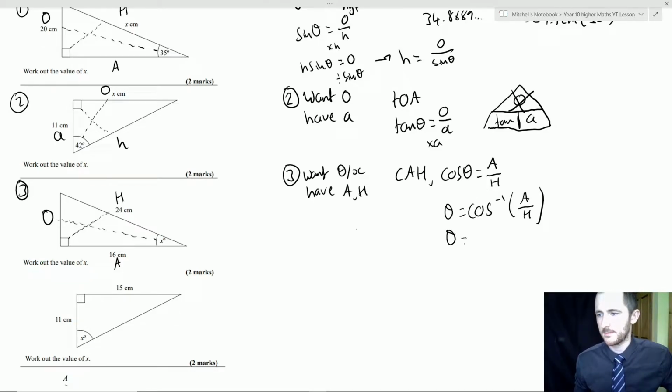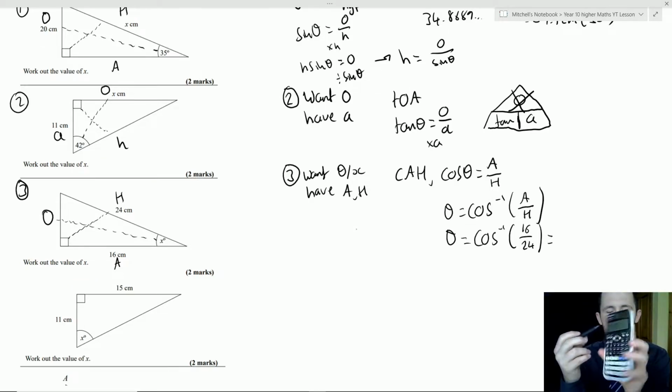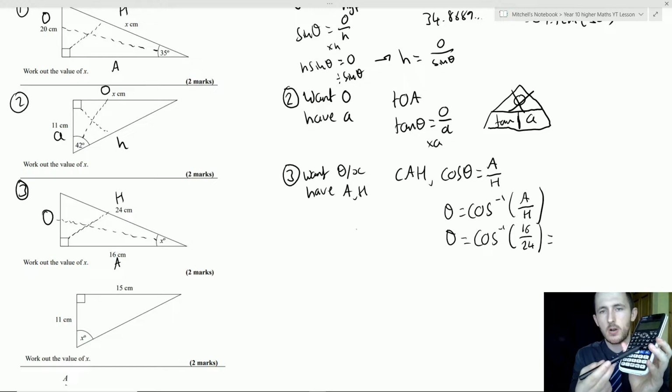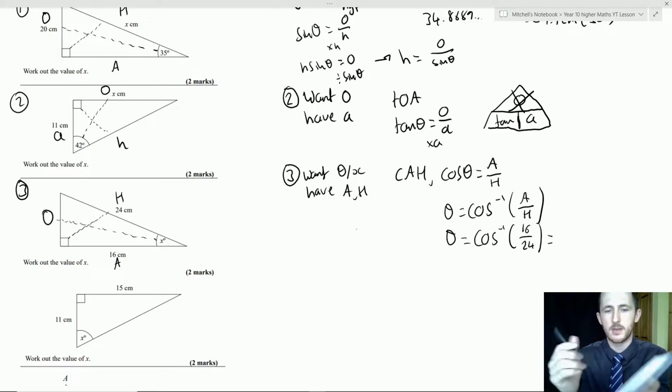So theta. Adjacent was 16. Hypotenuse is 24, equals. And again, I'm putting the exact same thing in my calculator. The cos to the minus 1 comes from doing shift cos. If you have a Casio, it's going to be shift.